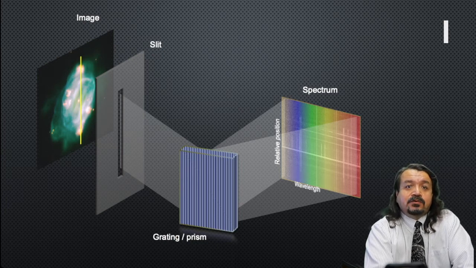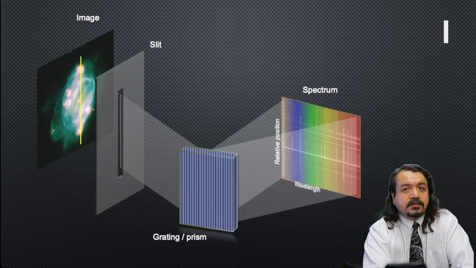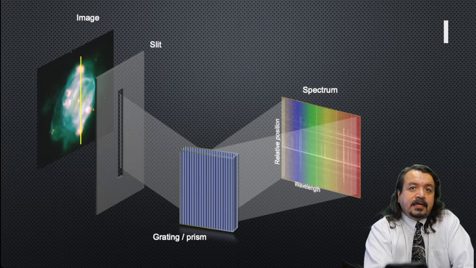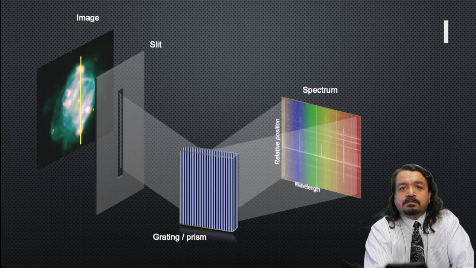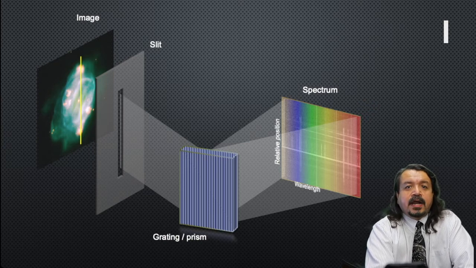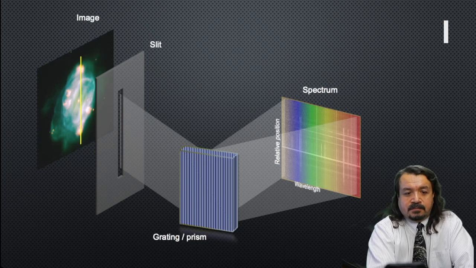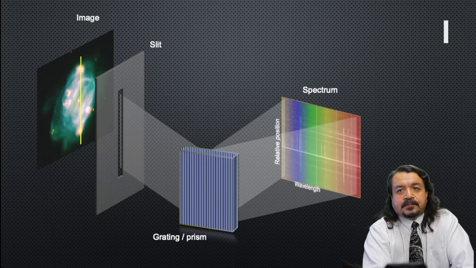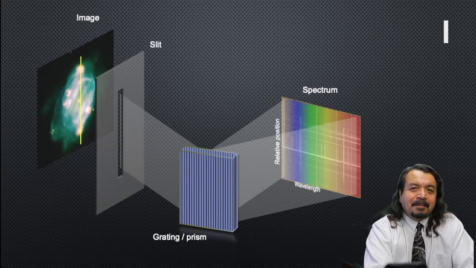That light passes through a diffraction element, which can be a prism, but is usually a diffraction grating, which produces a bidimensional spectrum where one axis is wavelength and the other axis is position along the slit. The real spectrum is not in colors, it's only for the picture.